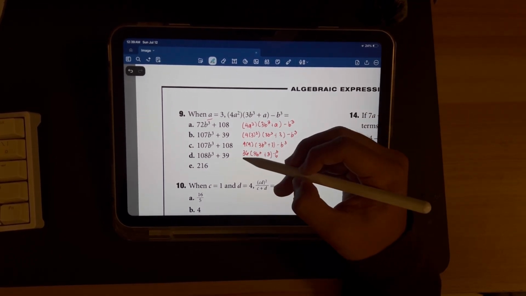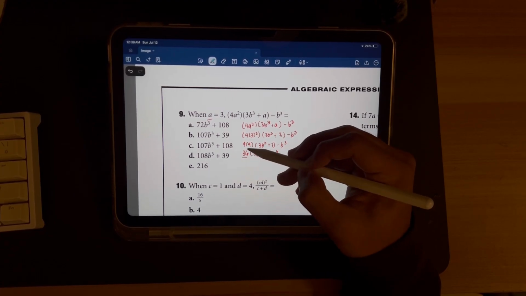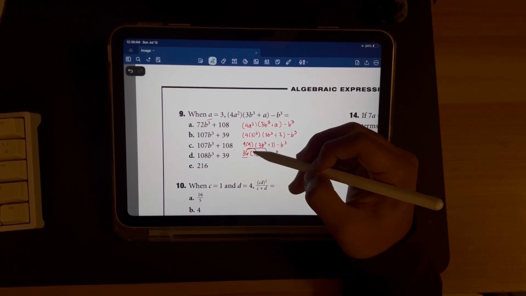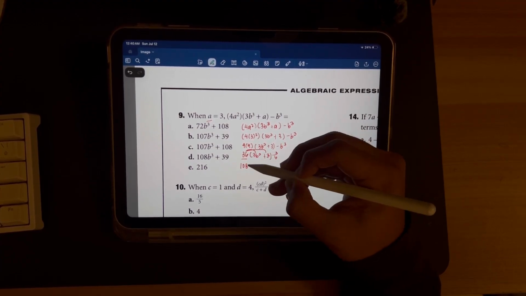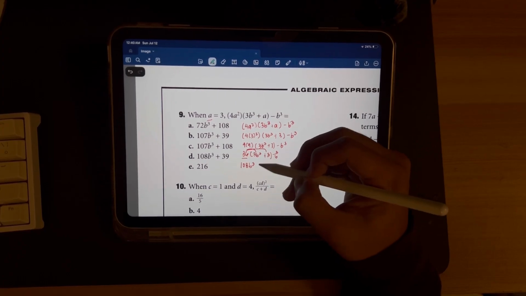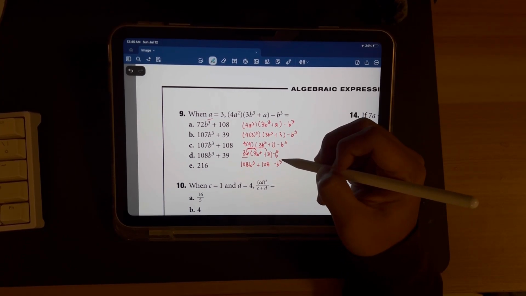Again, let's further simplify by multiplying this value with this. Let's distribute them. So it will become 108 b cubed plus 108 minus b cubed.